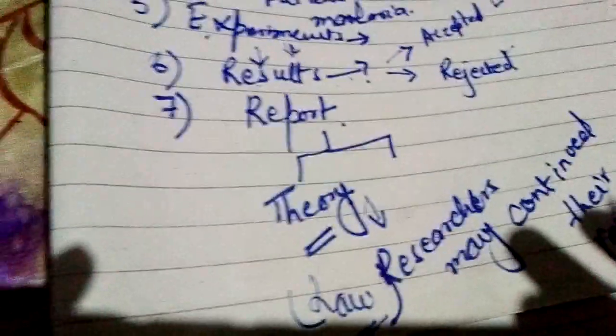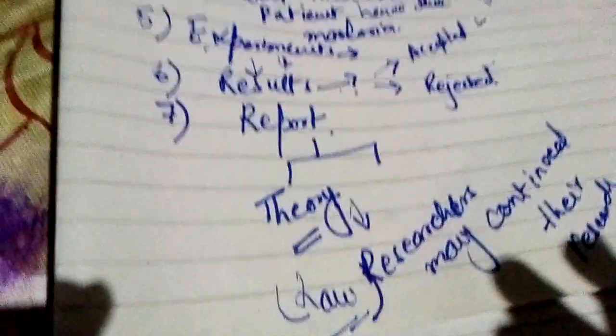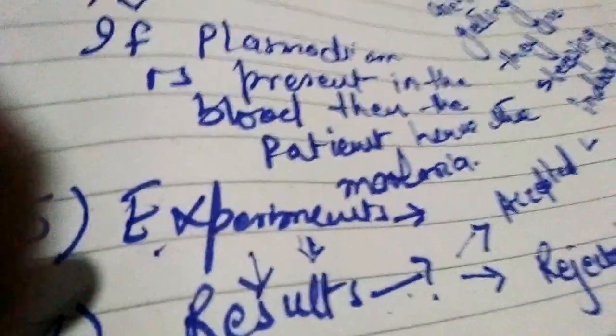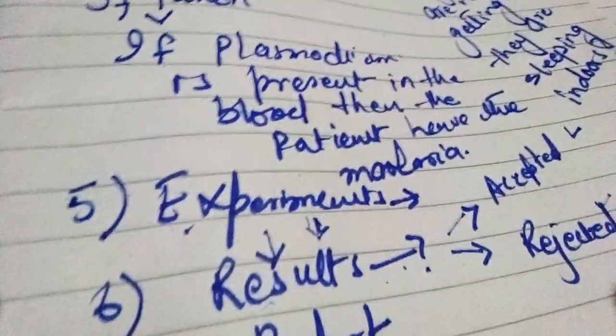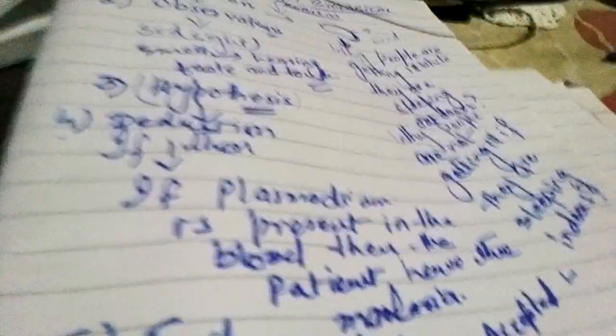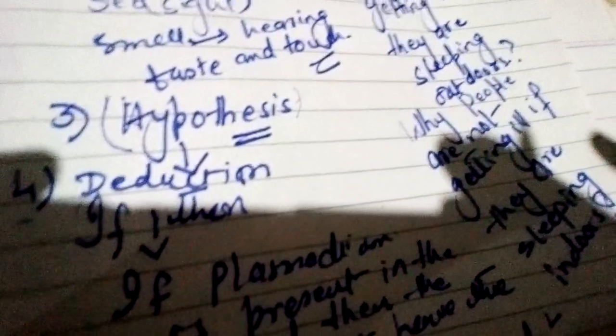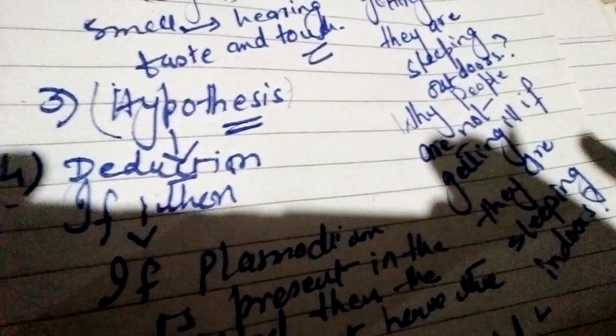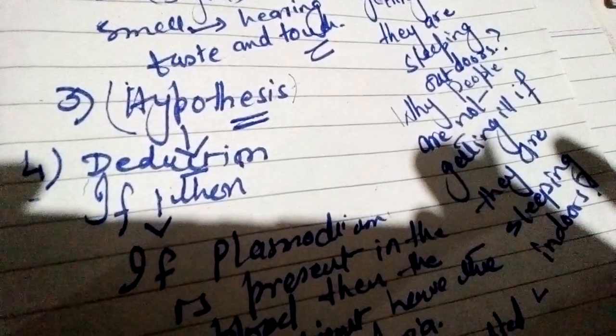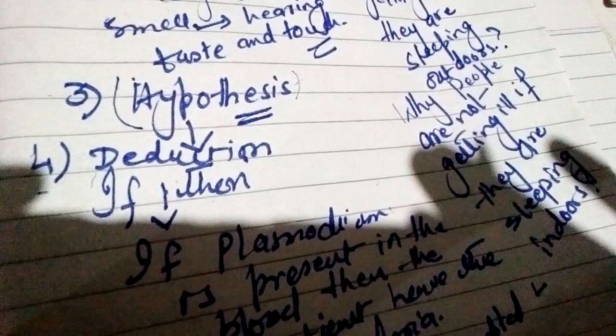For example, after proving that Plasmodium is the cause of malaria, the people who sleep outdoors may be bitten by mosquitoes, especially the female Anopheles in humans, which transfers the Plasmodium into the blood of human beings.